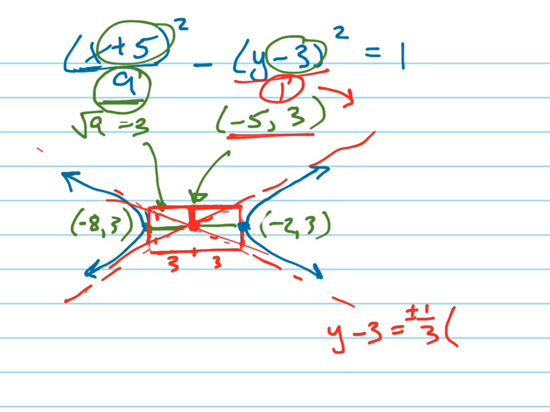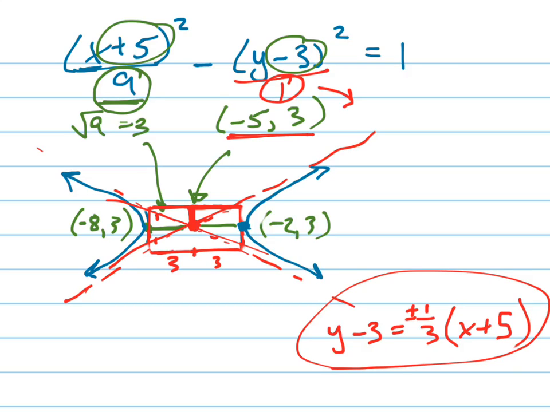One's a positive, one's a negative, times x plus 5. So it's really not a hard equation to write if you remember your algebra. So there's your equations of your asymptotes. They'll ask for that a lot of times. The blue is the graph itself. The green right here are the vertices of the graph. Those are your vertices of your hyperbola, and the center is right there, -5, 3. That's how you graph that hyperbola.